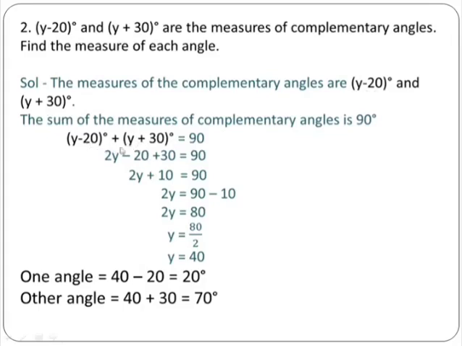Now here you are adding two expressions. So we will bring like terms together, that is y plus y is 2y, minus 20 plus 30 equal to 90. Now minus 20 plus 30 will become plus 10. This 2y will remain as it is. So you will get in this step 2y plus 10 equal to 90.